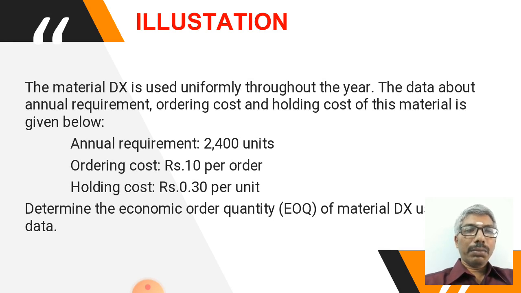We are given some data regarding the material DX: the annual requirement is 2400 units, ordering cost rupees 10 per order, holding cost 30 paise per unit. From this information, we are required to compute the economic ordering quantity of material DX.